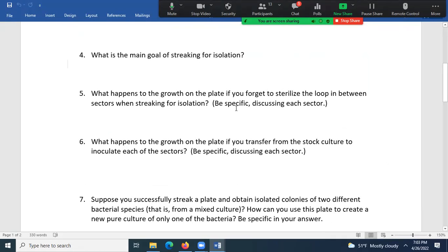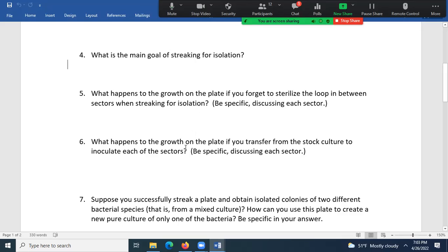5, what happens to the growth on the plate if you forget to sterilize the loop in between sectors when you're streaking for isolation? Be specific, discussing each sector. Note that it's not saying that you're not sterilizing the loop before you start sector 1, but you're not sterilizing the loop between sector 1 and sector 2. And so what's going to happen?